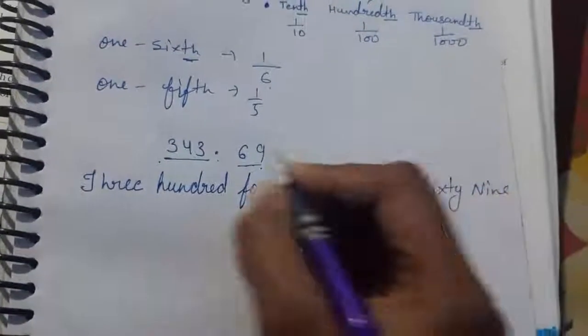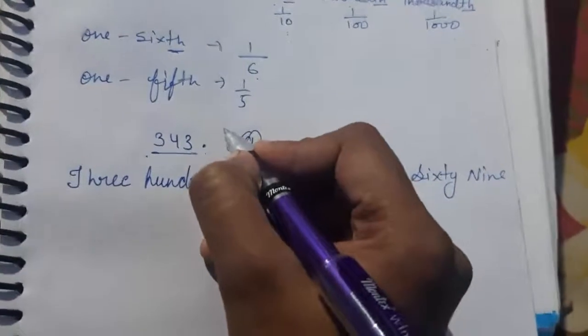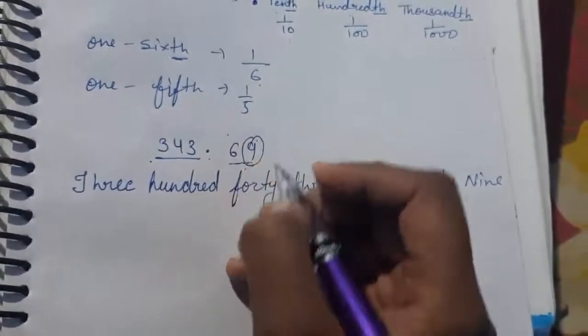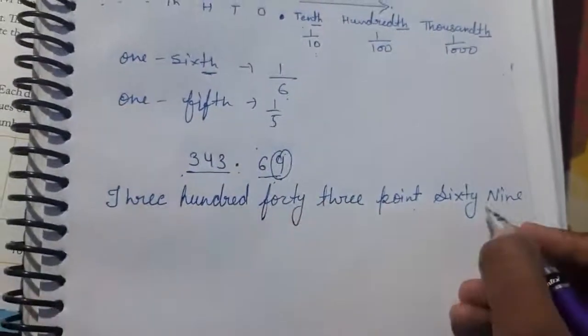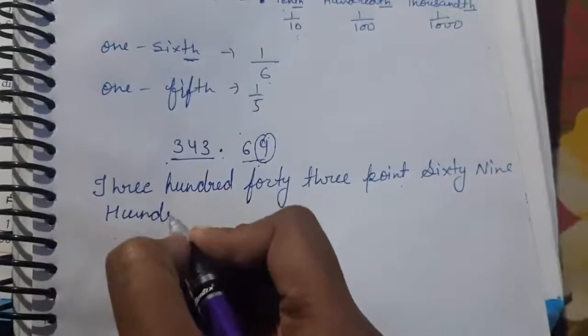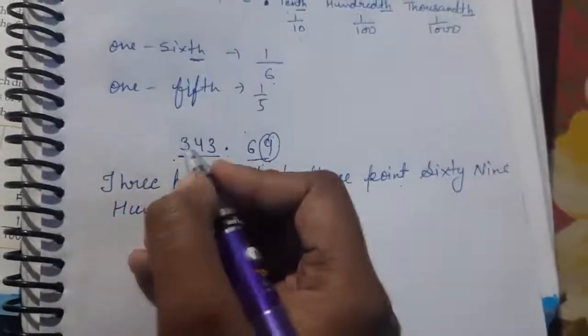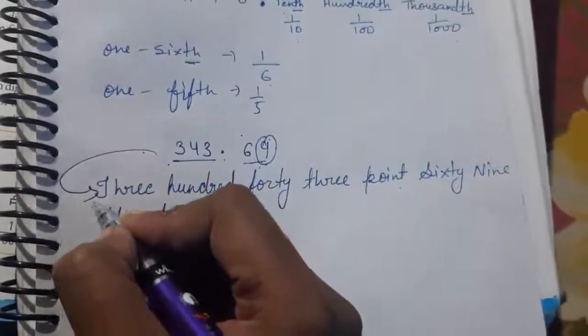And now look at the 9: in which place is 9? This is the tenth and this is the hundredth, so 9 is coming in the hundredth place value. So after writing 69, write hundredth, HUNDREDTH. Don't forget to write the TH also. This is the number name of the decimal number.